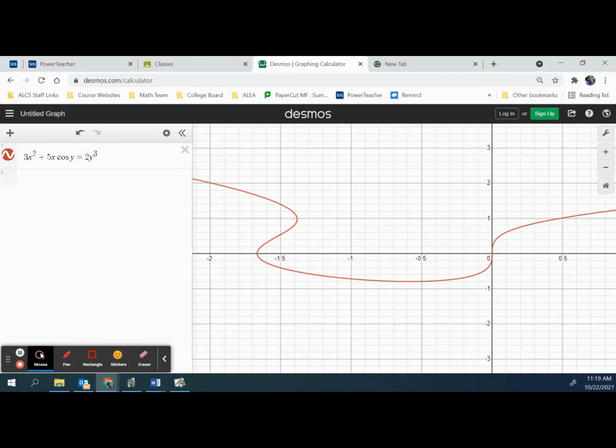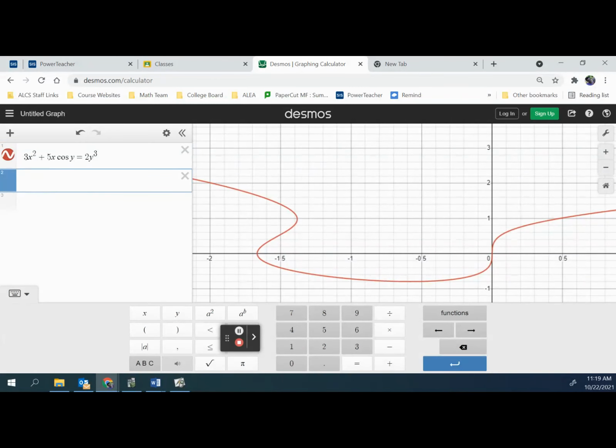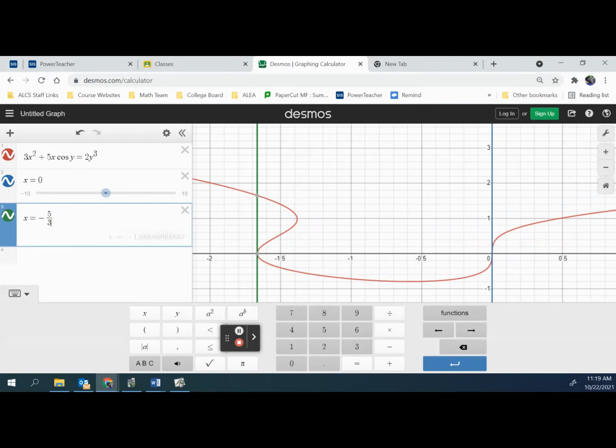Here, if we type in x equals 0 and x equals negative 5/3, you can see the tangent there with that green line at the point on the x-axis. And there's also the blue tangent line there. It does pass through the curve there, but the curve does have a vertical tangent for an instant. Look good? Awesome.